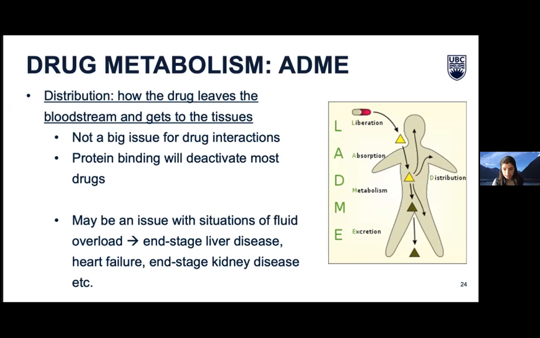Or there are certain diseases that can cause fluid or volume overload, such as severe heart failure, end-stage liver or kidney disease as well, which would increase the amount of fluid in the tissues and dilute the amount of drug that is being given. So typically dose adjustments will be made in those cases.